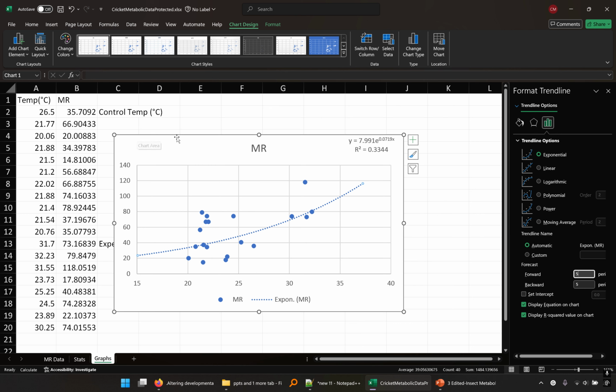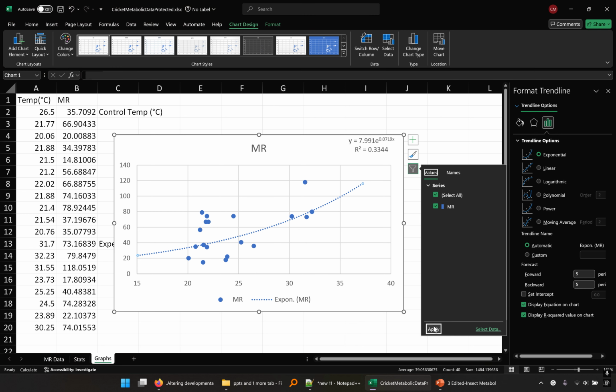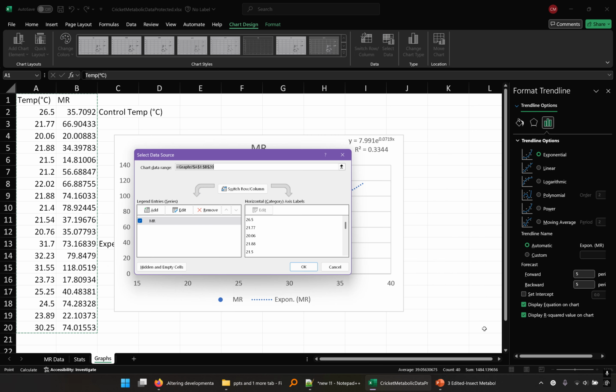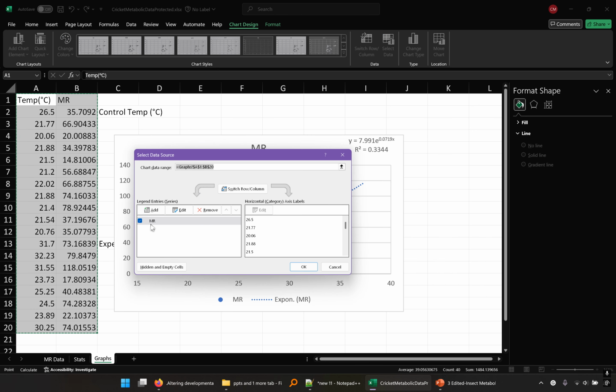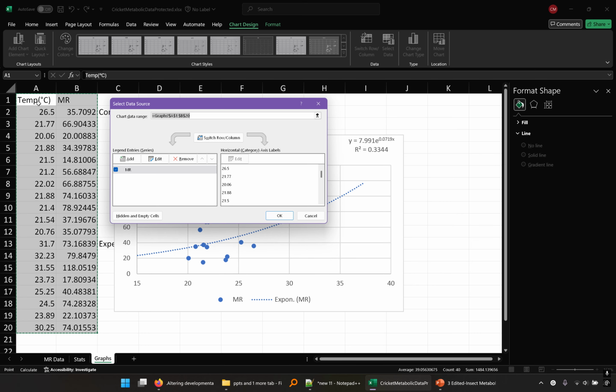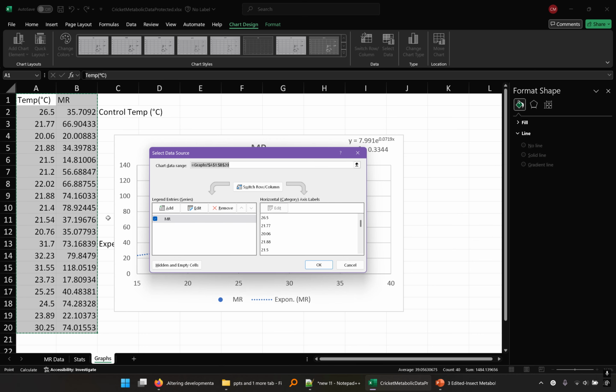Now, how do we get those pretty colors? You want to go back into this chart filter, and then you want to select data. So we have the overall metabolic rate that we use for a trend line, but we do not have the control temperature or the exponential temperature as separate ones.